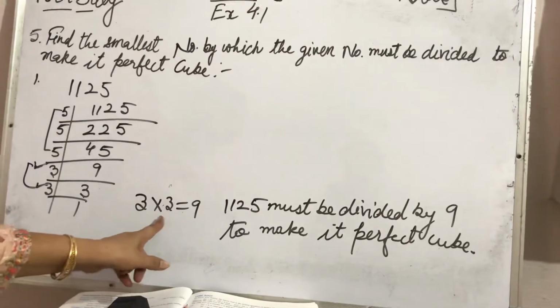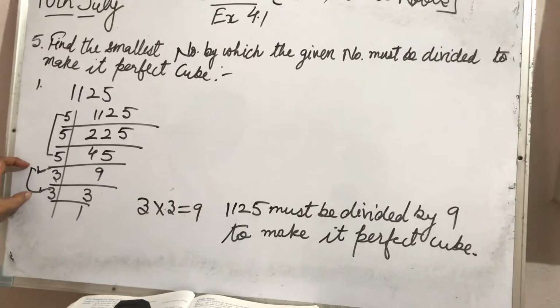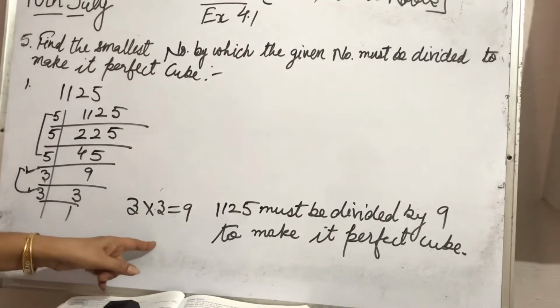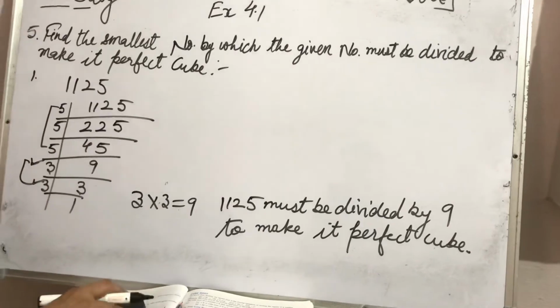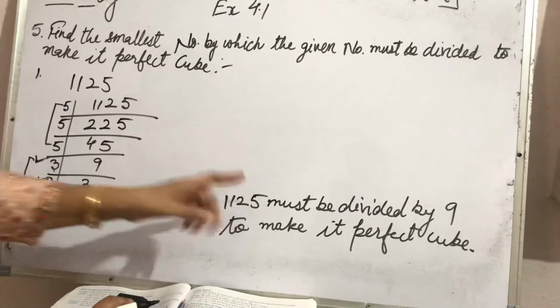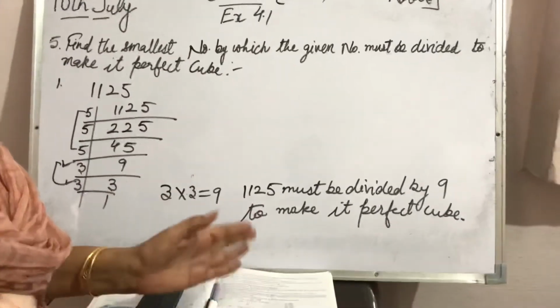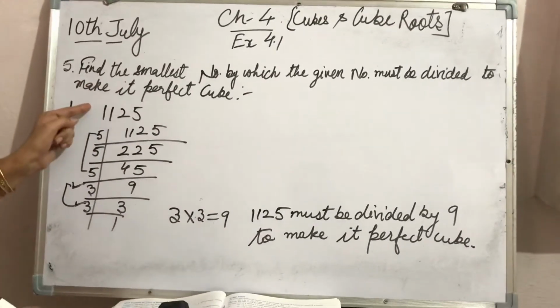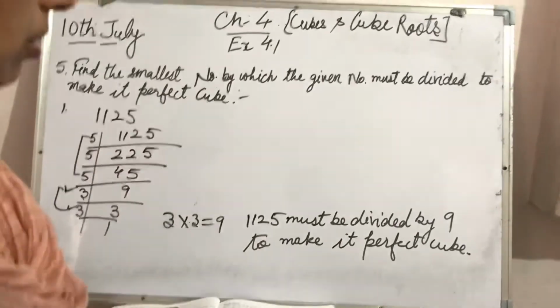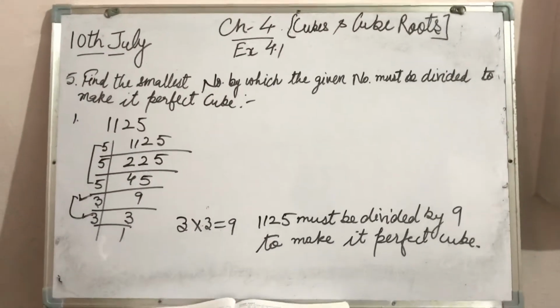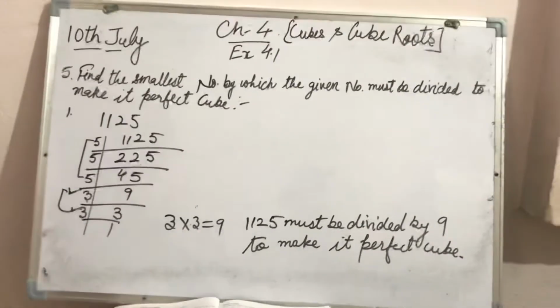So 3 and 3, these two digits we have extra, so it should be divided by 9. If this number is divided by 9, the quotient will be a perfect cube. Note down this question and start the next part of the same question.